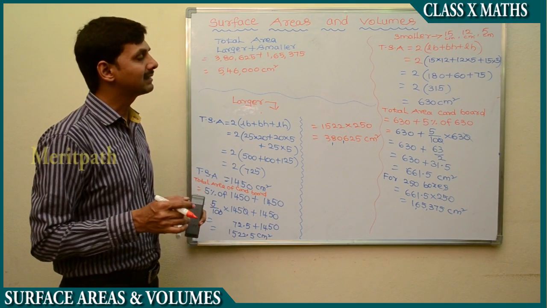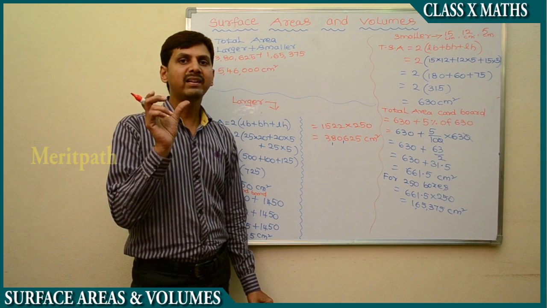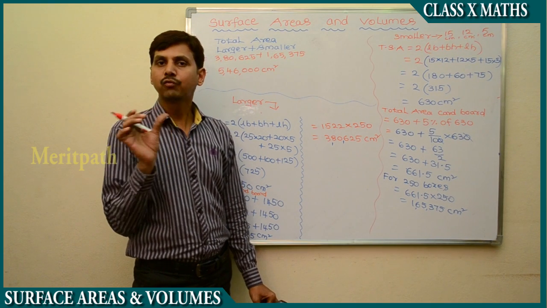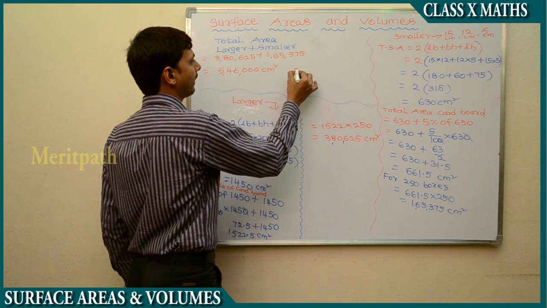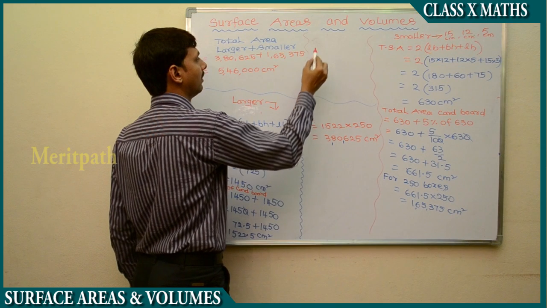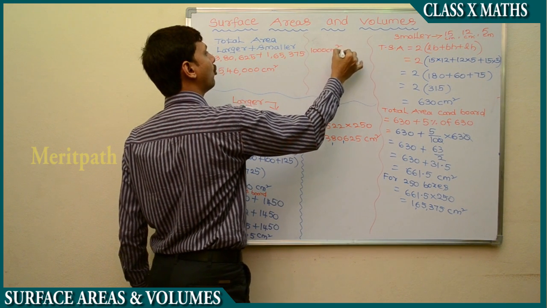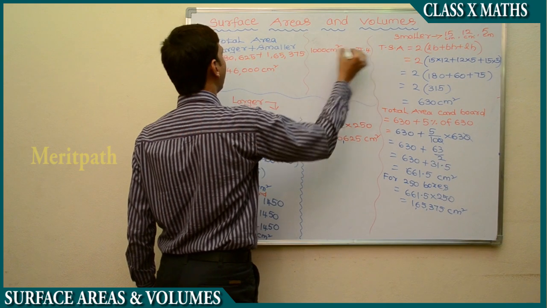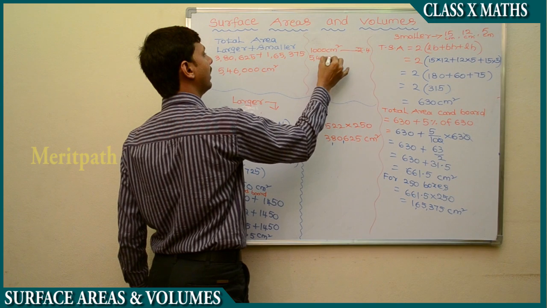But it is given in the question that for every 1,000 centimeters square the cost is 4 rupees. So we need to find out the total cost. For 1,000 centimeters square it is 4 rupees, and we have 5,46,000 centimeters square.